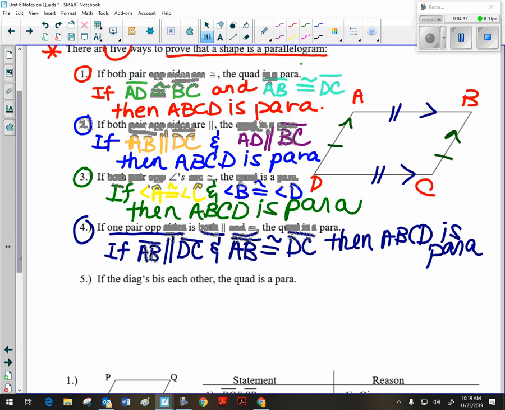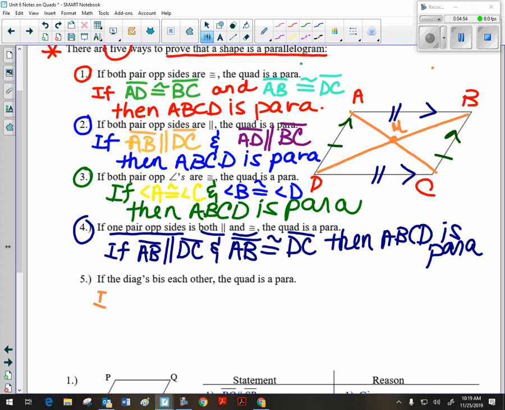And then the 5th thing here is if we can show that the diagonals bisect each other. So if you are showing that diagonals bisect each other, what that means is that you have to show that M is the midpoint of one diagonal and M is the midpoint of the other diagonal.